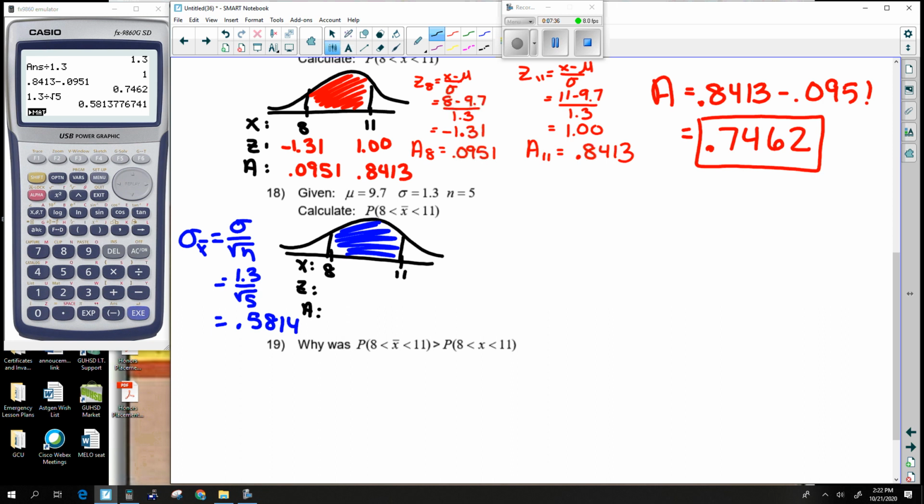Okay, so 5814 is our new standard deviation. So we go ahead and repeat the process.